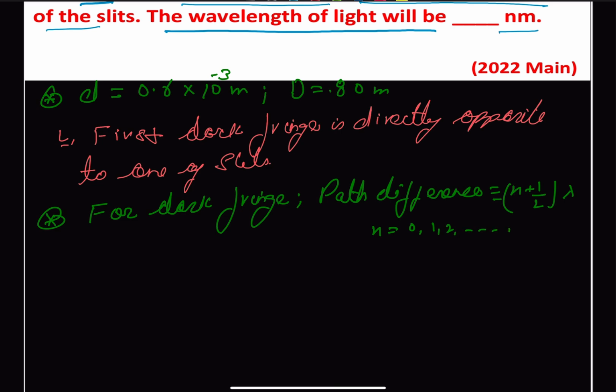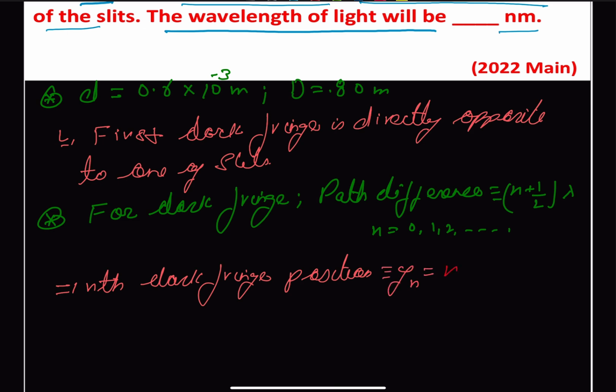Therefore, the nth dark fringe position, that is y of n, will be equal to n plus 1 by 2 lambda capital D divided by small d.